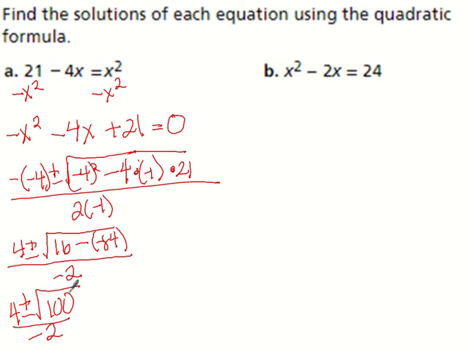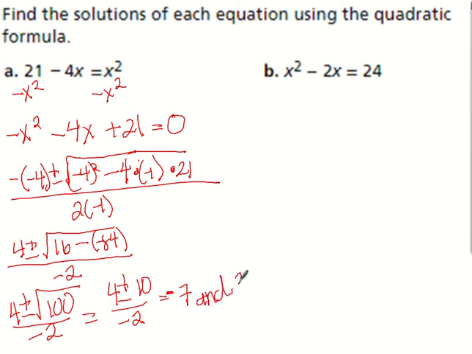Now, we actually can take the square root of 100. So this becomes 4 plus or minus 10 divided by -2. And then like we do, we split these into two problems. So 4 plus 10 is 14 divided by -2 would get me -7. I almost lost my negative. And 4 minus 10 is -6 divided by -2 would get me +3.